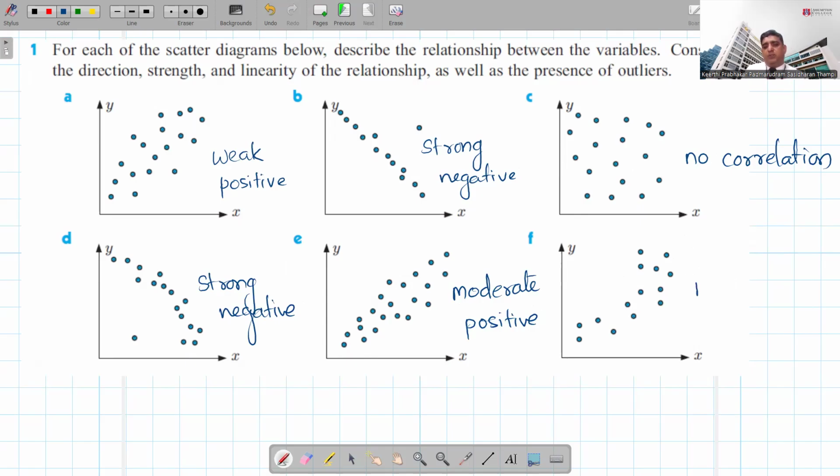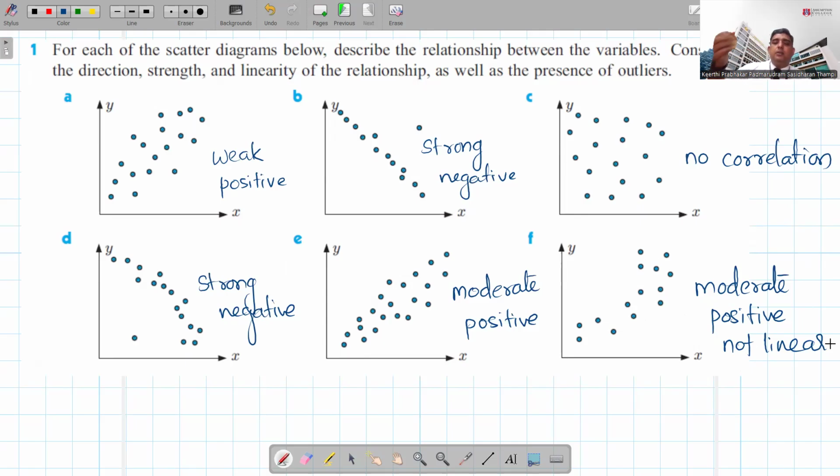And this here is also a moderate positive. This doesn't move in a straight line, so I can call it not linear. Okay, now these are all pictorial understanding.